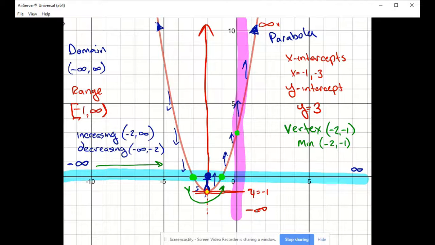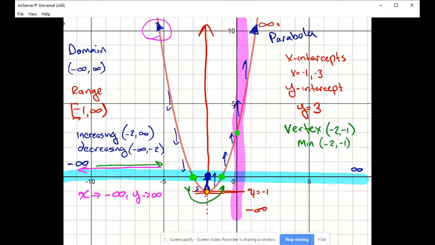All right. So our end behavior. As x goes off towards negative infinity, what's our y value doing? If we look up here, our graph's pointing up. Therefore, y is going to infinity.